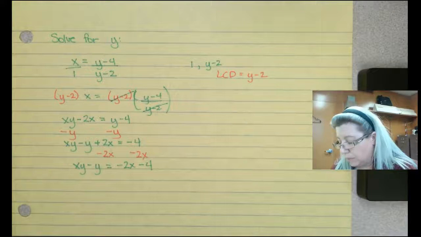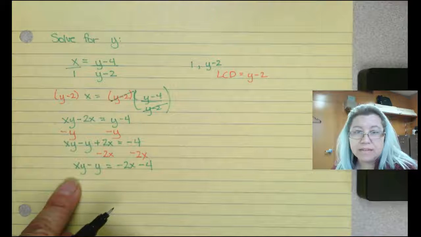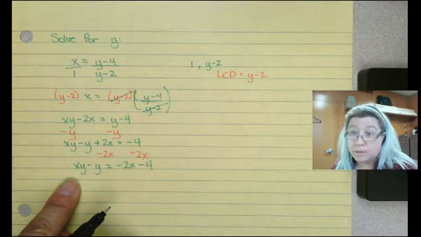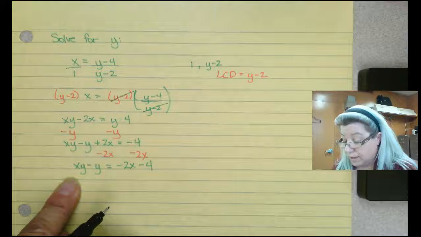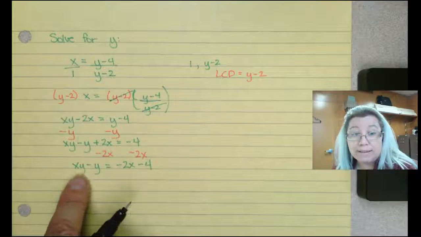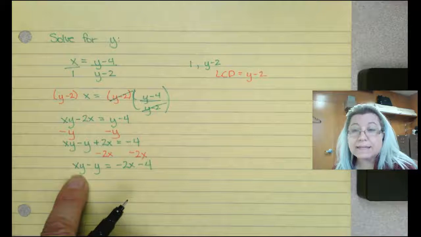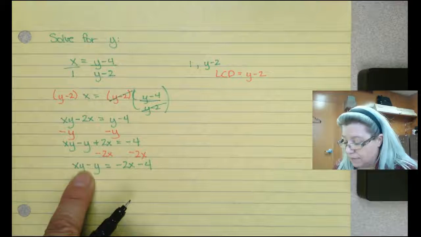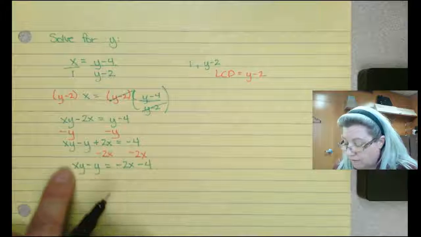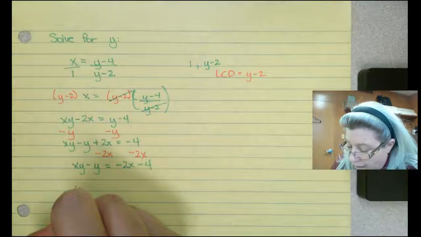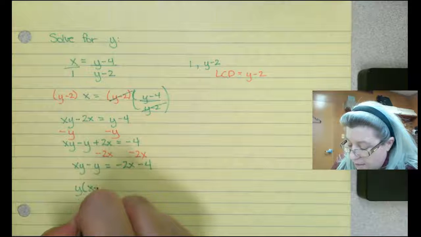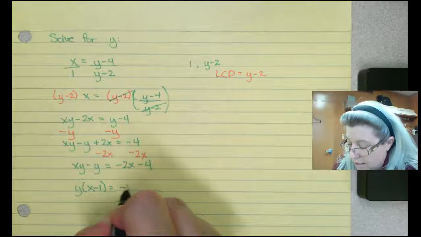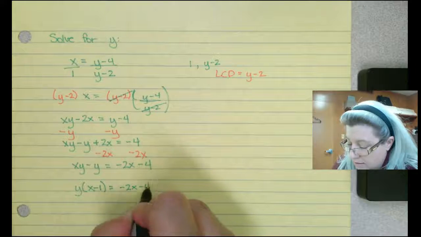But you're saying, hey, wait a minute, there's an x on the left-hand side. You're absolutely right. There is an x on the left-hand side, but I can't separate it yet from the y until I factor out that y. I have all my y's on the left-hand side. Now I can factor out the y, leaving x minus 1 equals negative 2x minus 4.